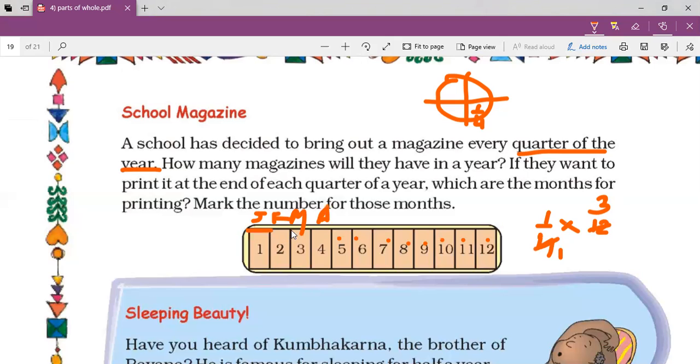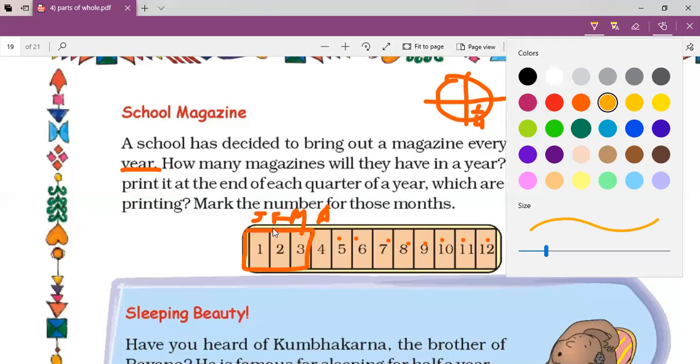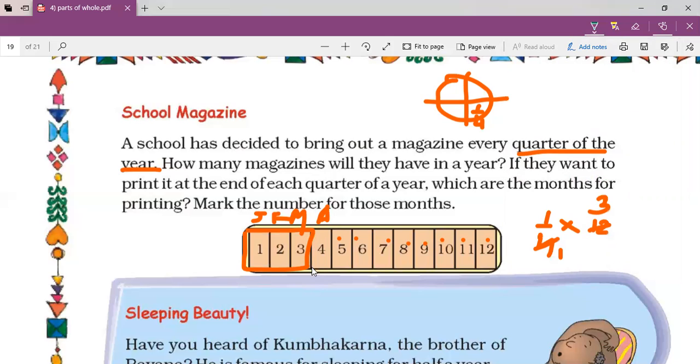So this is one quarter: the first 3 months. Let's take another pen color. We'll take green. The next 3 months will be the other quarter, the second quarter. The next 3 months will be the third quarter, and the other three will be the remaining quarter.